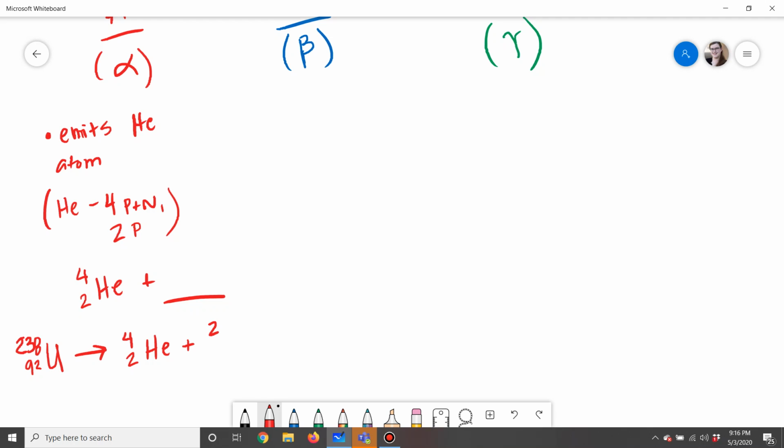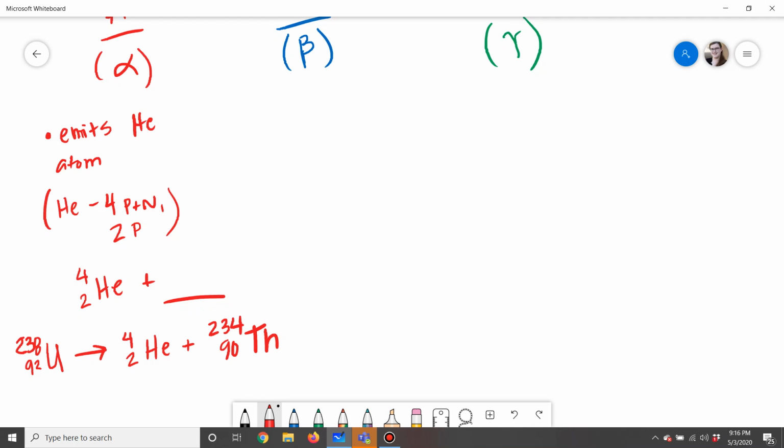So I have 234 up there because 4 plus 234 is 238. And I'll have an atomic number of 90 because 90 plus 2 is 92. Then I would have to go see which element number 90 is, and I see that it's thorium. So this is the correct balanced nuclear decay equation for alpha decay.